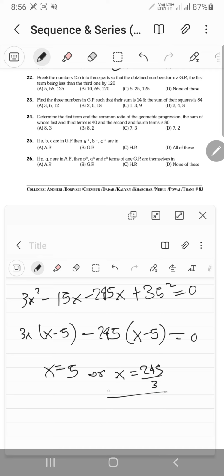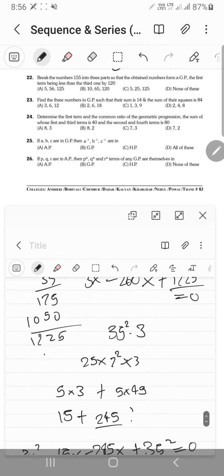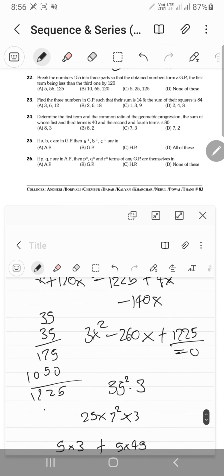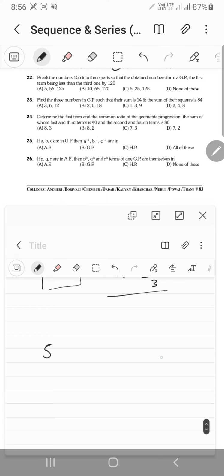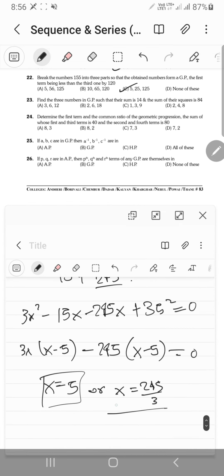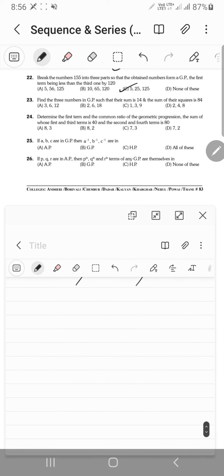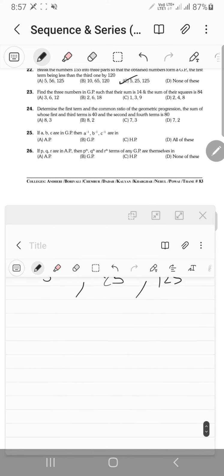I mean, this is not an integer in the first place, so no idea how that works. So probably x equal to 5 should work. And what that means is this is 5, 125, and this thing going by the progression is 25. And when we add these up, it becomes 155, of course. There might be this number working as well, but then it's not an integer, so don't worry about this.